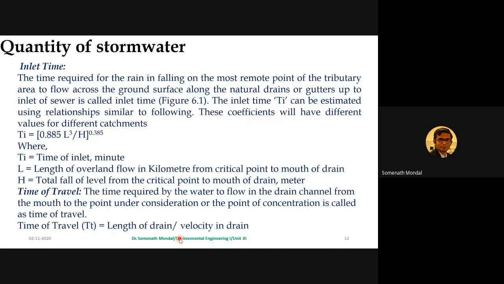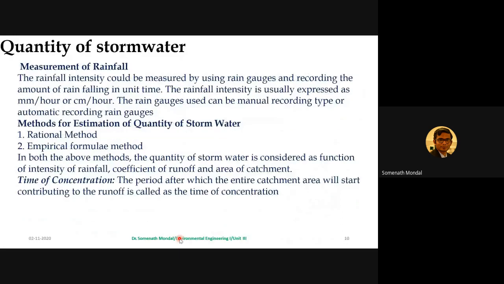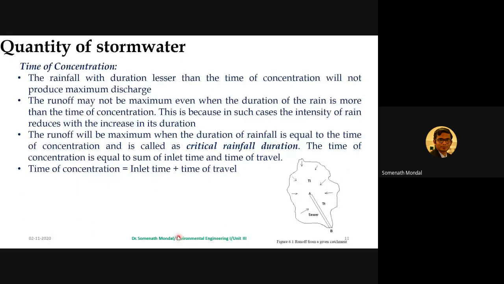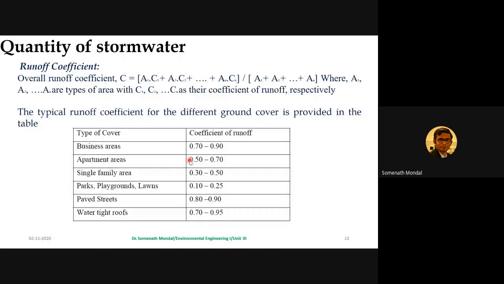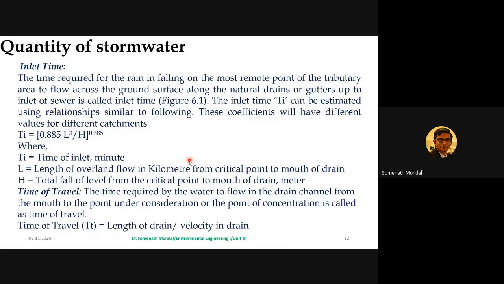The next important aspect is time of travel, because we have discussed time of concentration, which consists of inlet time and time of travel. Time of travel is the time required by the water to flow in the drain channel from the mouth to the point under consideration, the point of concentration. It is the length of the drain divided by the velocity within the drain.